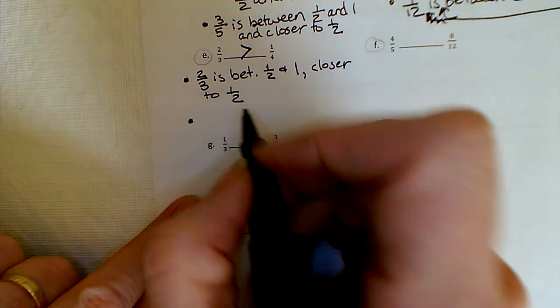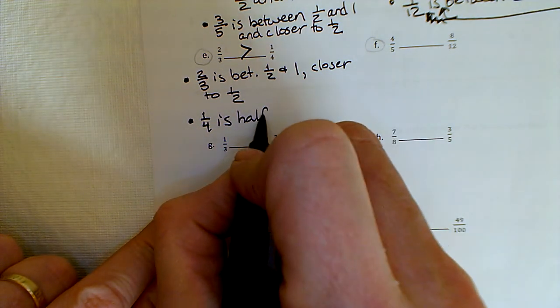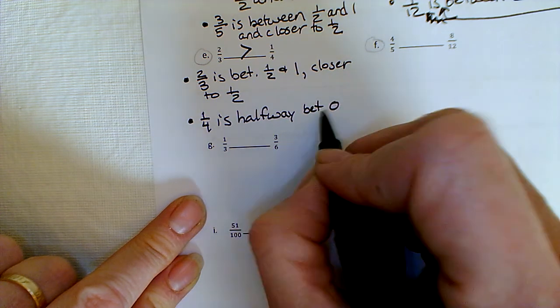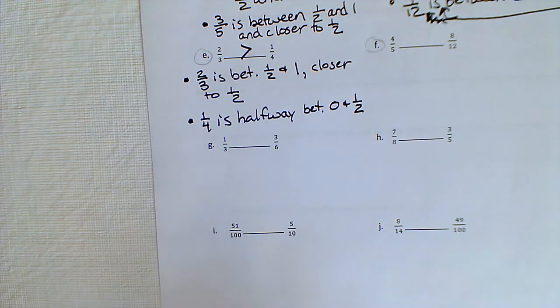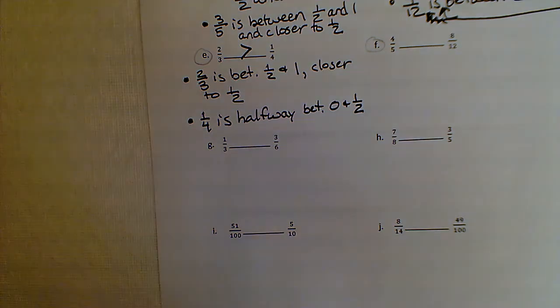My reasoning for 1/4 is that 1/4 is halfway between 0 and 1/2. So I'm using these little abbreviations right now. I think you guys can understand them.